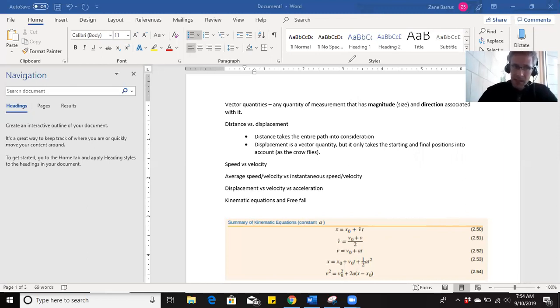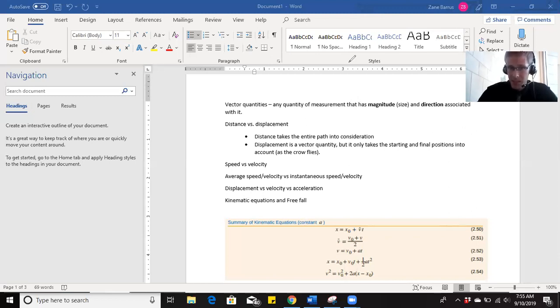If you drove from your house to school and then back at the end of the day, your initial point was your house. That's the point you started from. Your final point at the end of the day is your house, since you came home. So if your initial and final points are the same, your displacement as the crow flies is 0, because at the end of the day, you ended up right where you started.